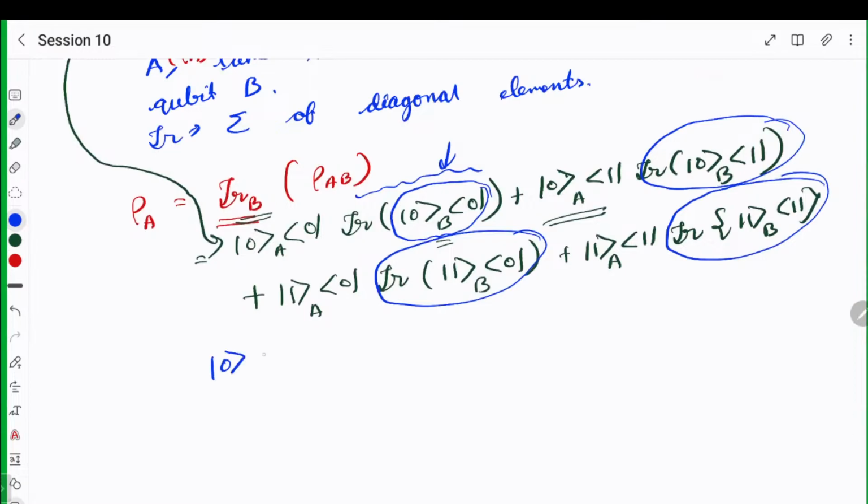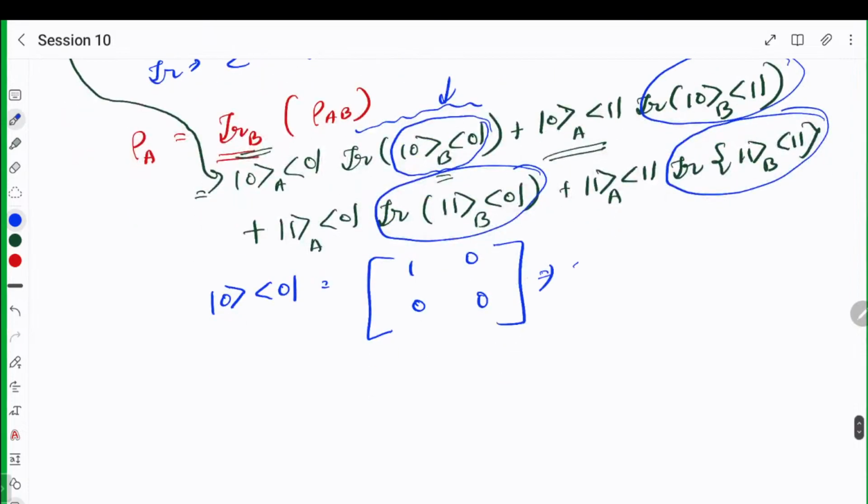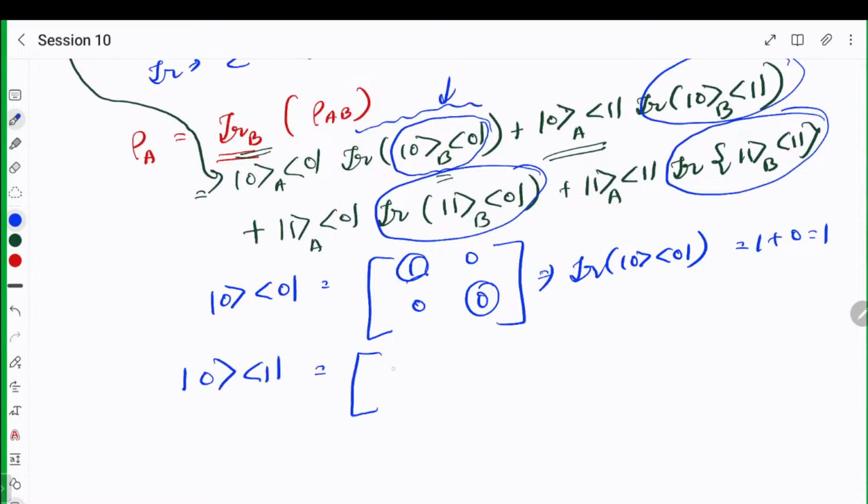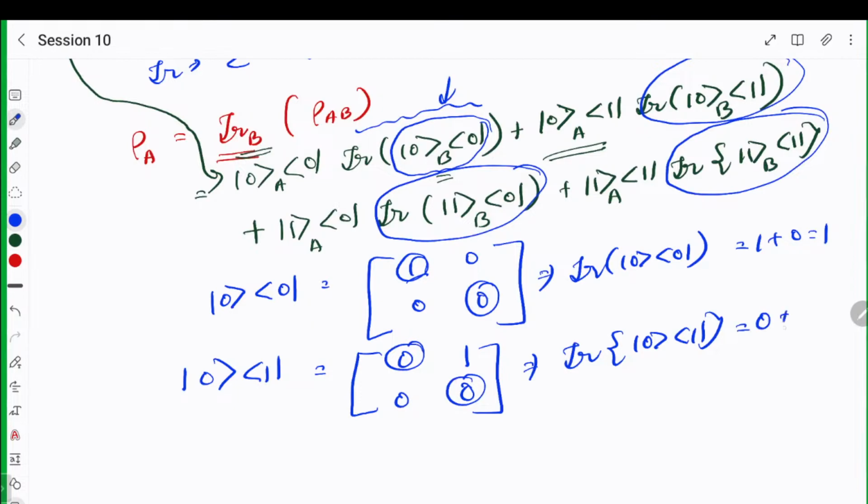So what is |0><0|? It is nothing but this matrix 1, 0, 0, 0. If you take trace of |0><0|, the sum of diagonal elements will be 1 plus 0, which is 1. Similarly for |0><1|, it would be 0, 1, 0, 0. The diagonal elements are 0 and 0, so this would be 0 plus 0, so 0.